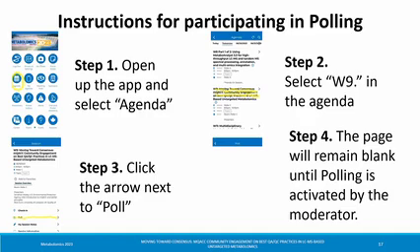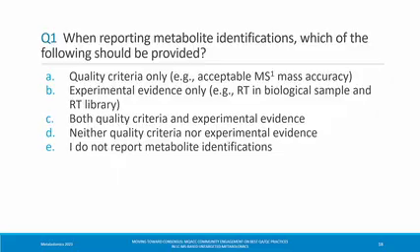So, vote away. Actually, no, you need to know what the question is before you vote, don't you? Sorry. We've got 2 polling questions here. The first question is, when reporting metabolite identifications, which of the following should be provided? The quality criteria only, the experimental evidence only. Remember, the quality criteria is what is the acceptable error, for example, the acceptable m/z mass error, retention time error.